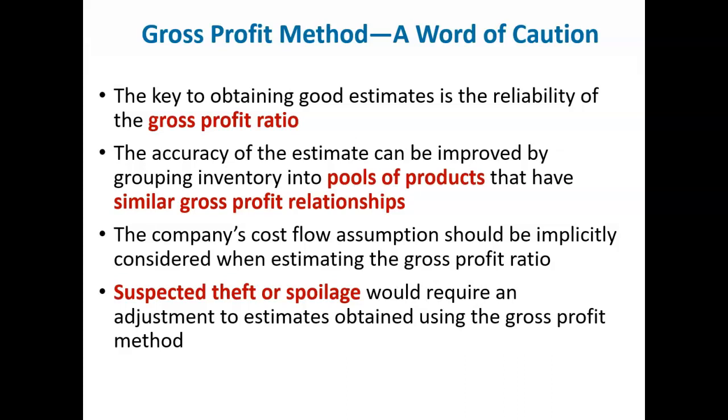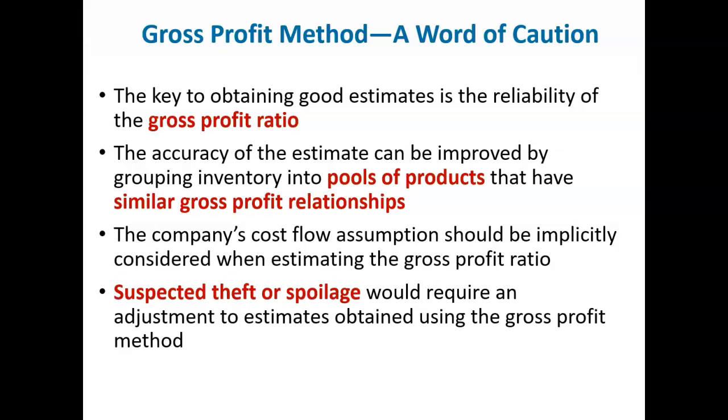For example, the company may have made a change in their markup percentages for some of its products. Very often, different products have different markups. In these situations, a blanket ratio, like we used in the prior example, should not be applied across the board. The accuracy of the estimate can be improved by grouping inventory into pools of products that have similar gross profit relationships, rather than using one gross profit ratio for the entire inventory.